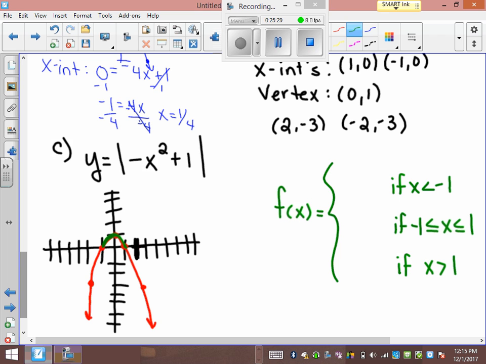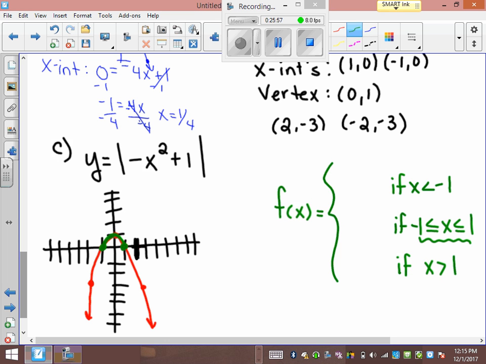Agreed? What part stayed the same? This little piece right here, correct? The value when x was between -1 and 1. So this piece here, when x is between -1 and 1, stayed the same, yes?